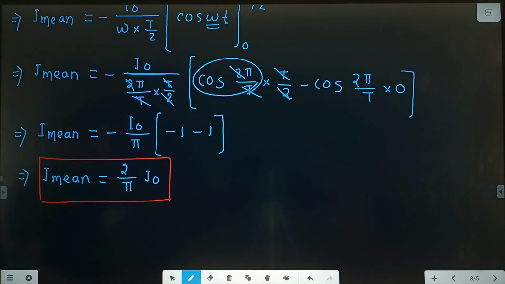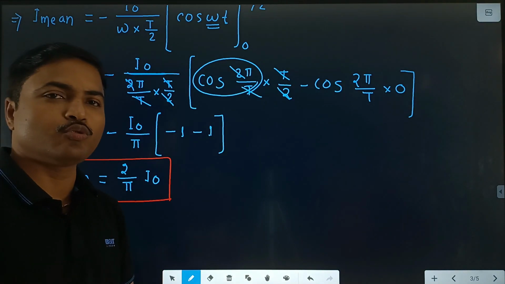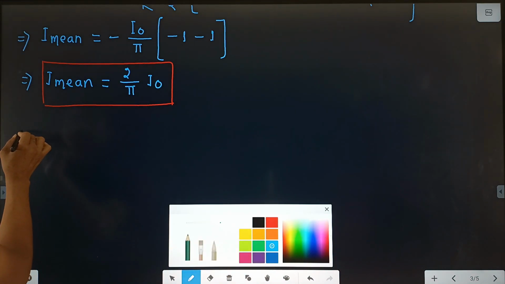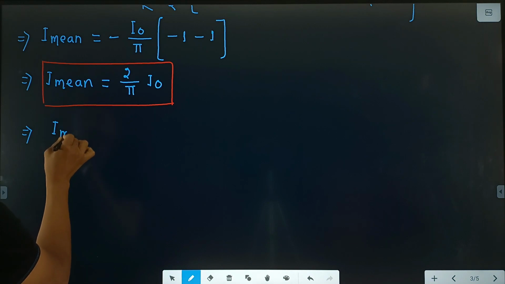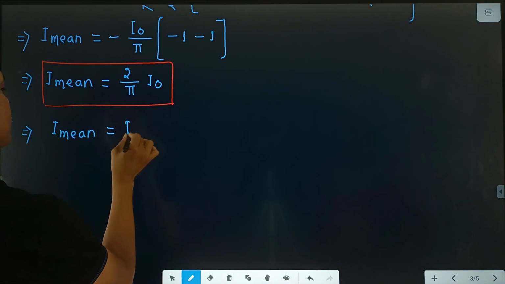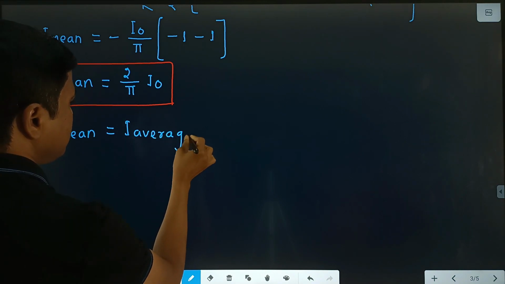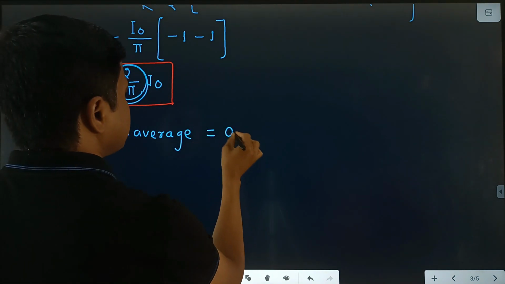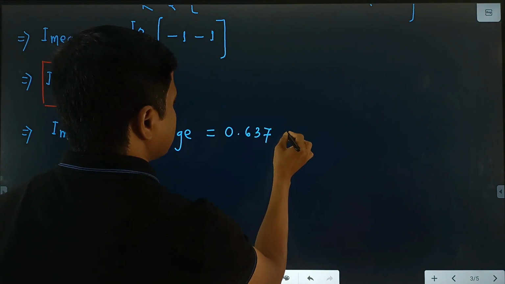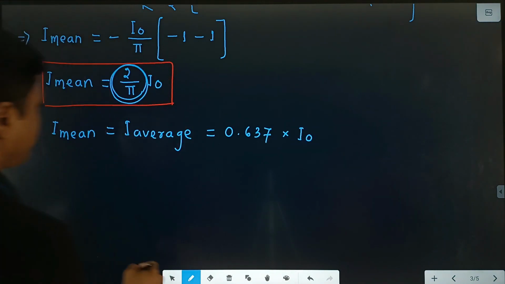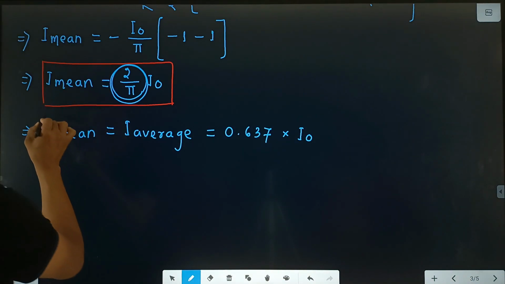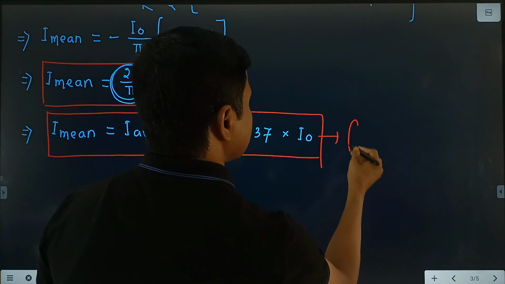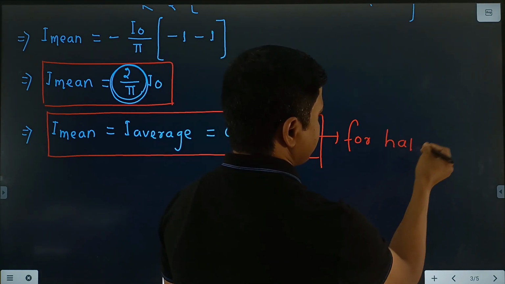Finally, the mean value, also known as the average value for half cycle, is equal to 2 by pi times I0, that is 0.637 times I0, and this is the final expression of the mean value for half cycle.